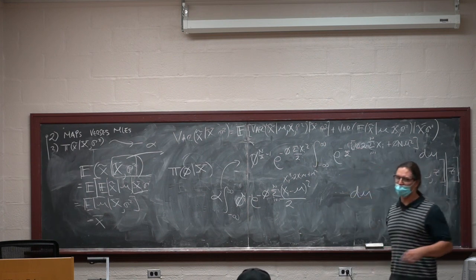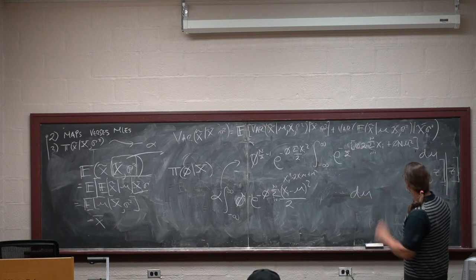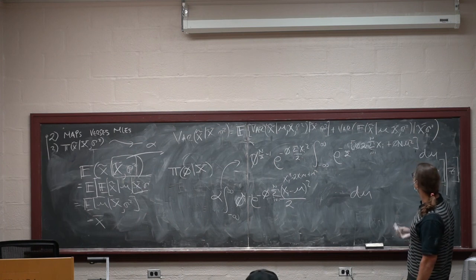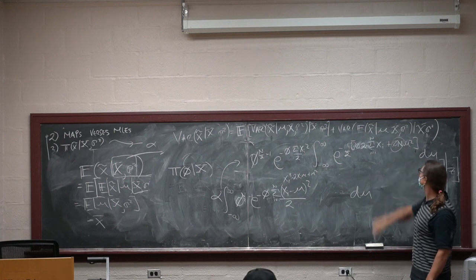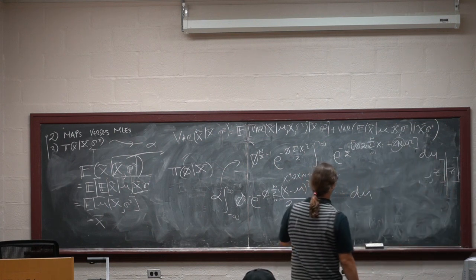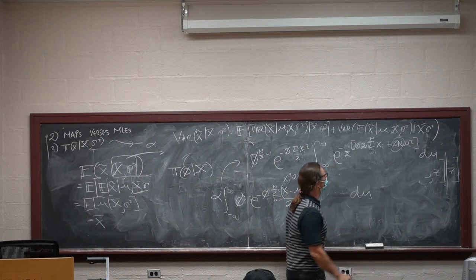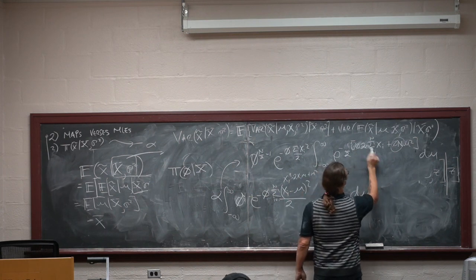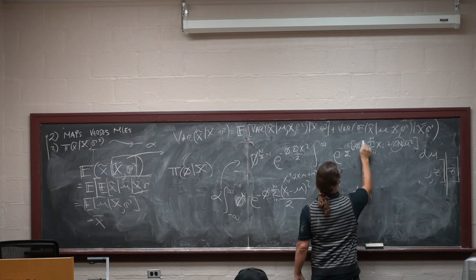You just put a circle around it. So you're going to recognize which normal this is. You're going to recognize the variance by looking at this term, so it's going to be the inverse of that. The expectation is going to come from this thing.